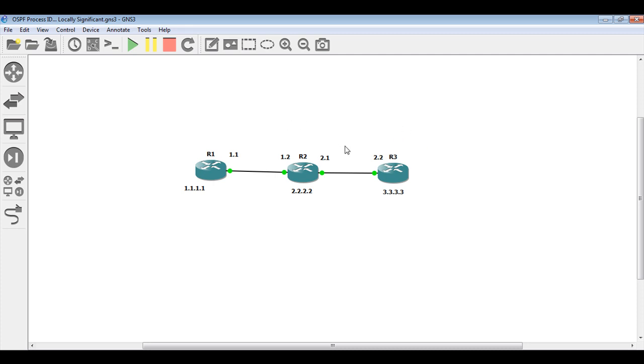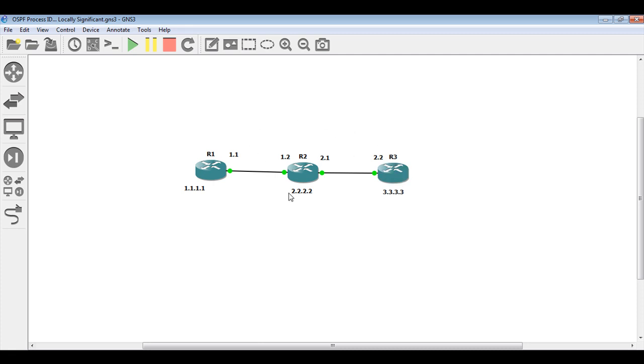But what is the design case where we should configure two different process IDs on the same router? The reason for this is that we want to separate communication or routes moving between two parts of the network. So we do not want to advertise all the routes from this part to this part and vice versa.